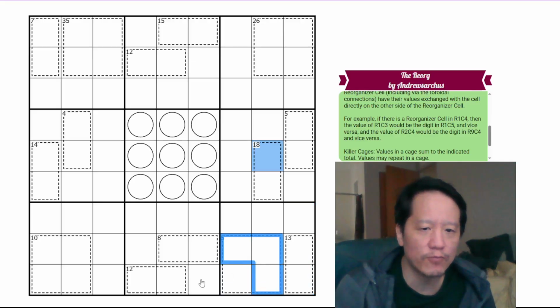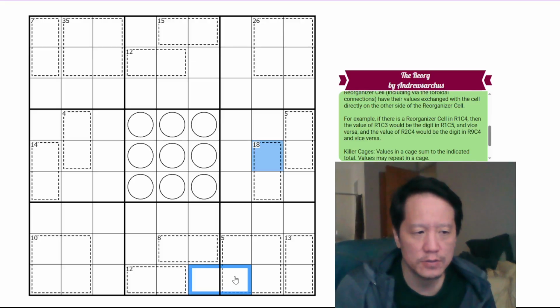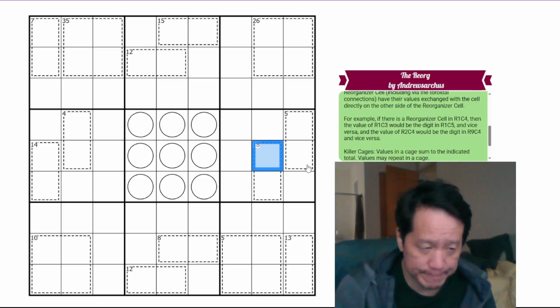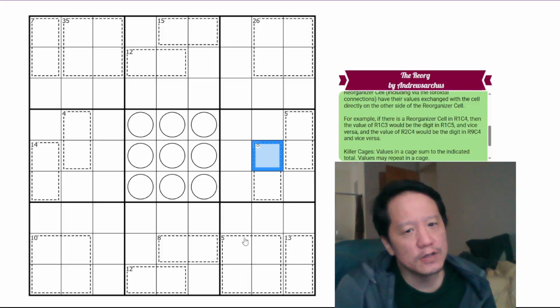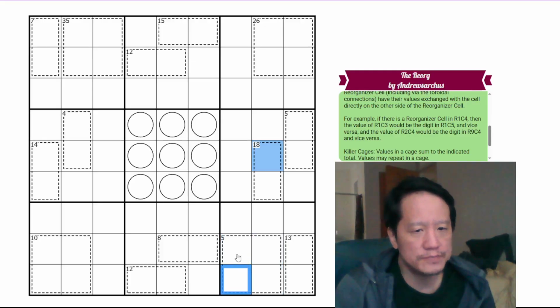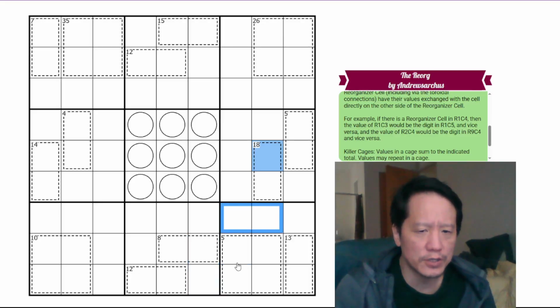Because if you have one of them being swapped only, that would mean you still have a value of 1, 2, and 3 here, which doesn't work. So you need to swap 2 here.